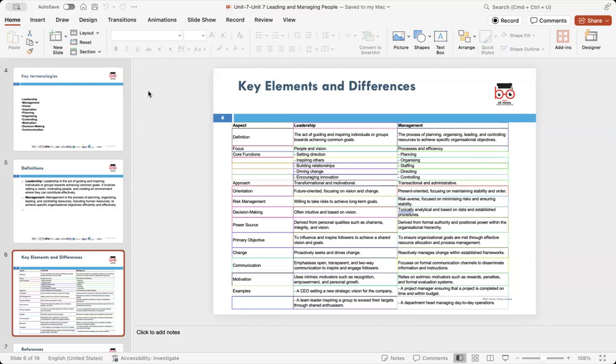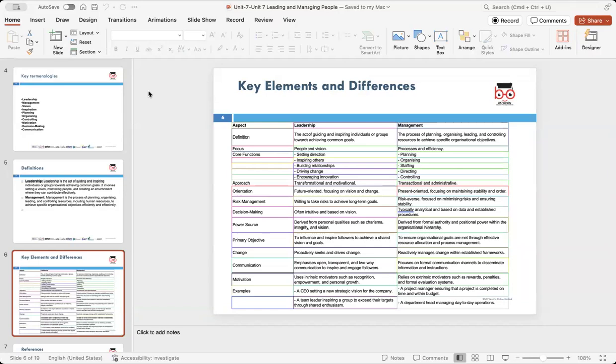Core functions: leaders set the direction and inspire change, while managers plan, organize, and control tasks. Approach: leaders use motivation and inspiration, while managers follow rules and established processes. Risk management: leaders are open to taking risks to achieve long-term goals, while managers aim to avoid risks and maintain stability.